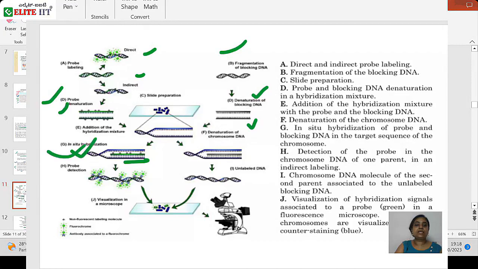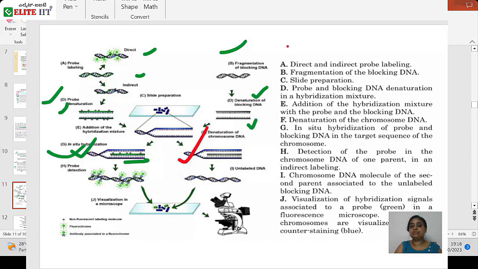Whereas the other one, the blocking DNA, is unlabeled. So binding will be there, and there will be competition between the probe and the unlabeled DNA binding. Finally, you can find specific genomic sequence which is complementary to the probe DNA, and you can identify that sequence.